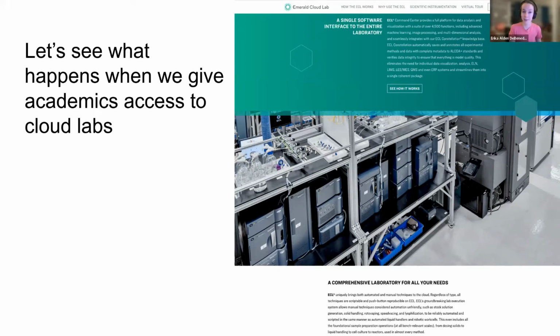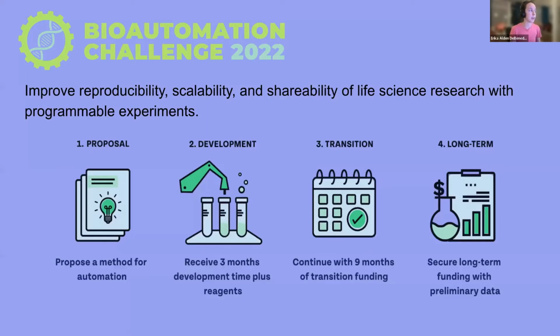So I decided to make a grant program. I launched this program called the Bioautomation Challenge in collaboration with Schmidt Futures and Emerald. Basically how this program works is researchers can submit a proposal for a project they want to do that they think will benefit from being done in this automated setting.